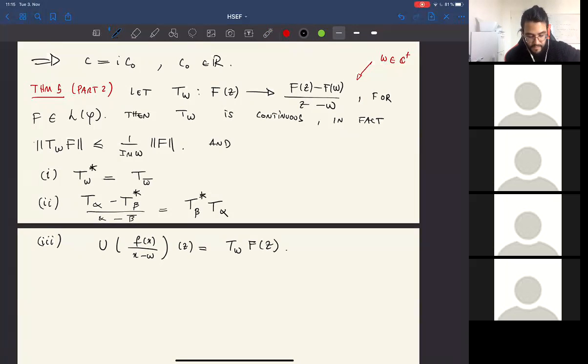Okay. So it's basically about this operator TW. Okay, so let's prove it. Also pretty simple.